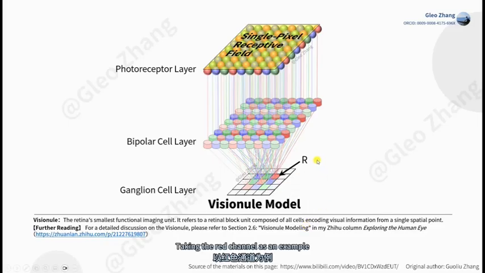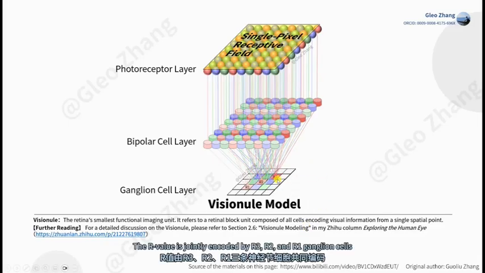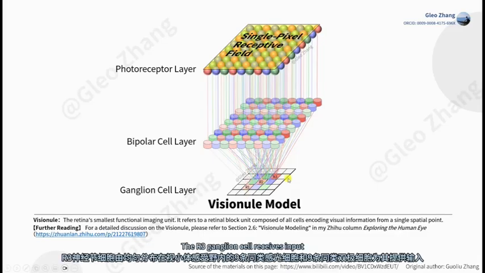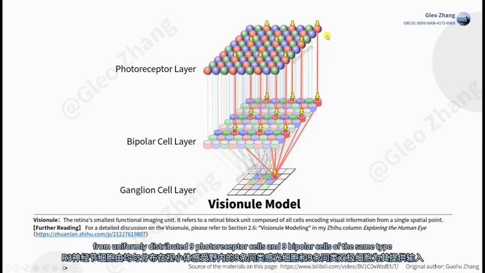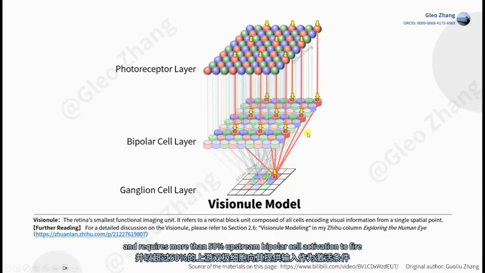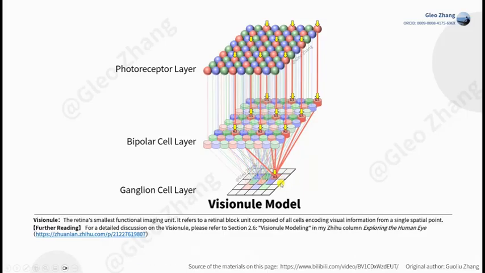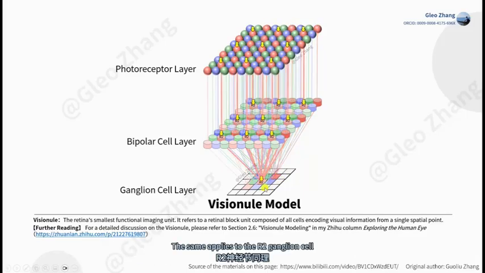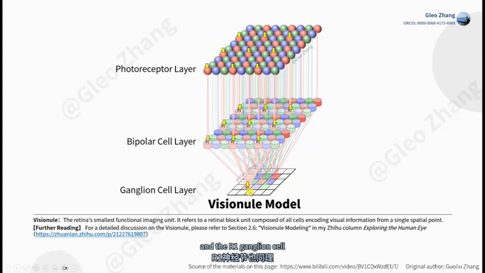Taking the red channel as an example, the R value is jointly encoded by R3, R2, and R1 ganglion cells. The R3 ganglion cell receives input from uniformly distributed 9 photoreceptor cells and 9 bipolar cells of the same type within the vision neuron's receptive field, and requires more than 50% upstream bipolar cell activation to fire. The same applies to the R2 ganglion cell and the R1 ganglion cell.